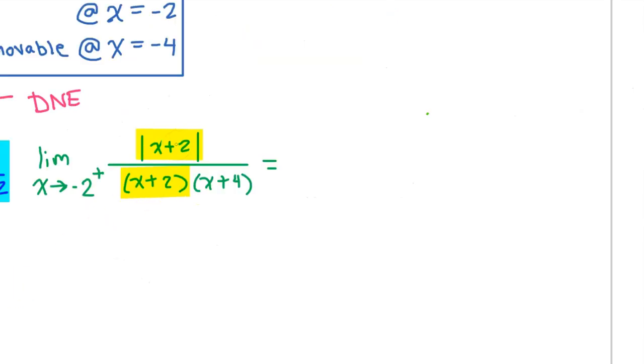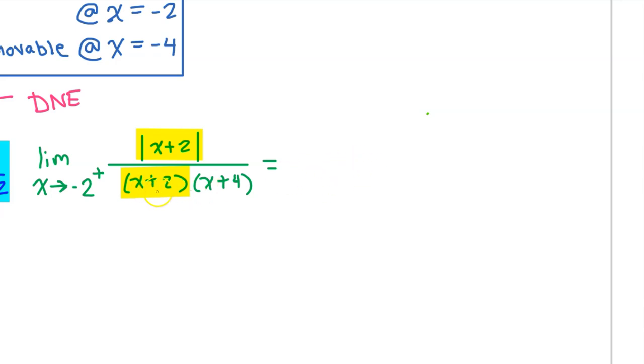Again, since we have the same factor in the numerator and the denominator, but one factor has an absolute value and the other one doesn't, these will cancel each other out, but when they cancel, they will either make a positive 1 or a negative 1. It all depends on whether the factor without the absolute value is positive or negative. Since we are now finding the limit as x approaches negative 2 from the right, let's use a test value to the right of negative 2 on the number line. For example, negative 1.